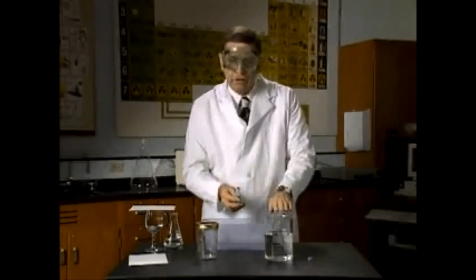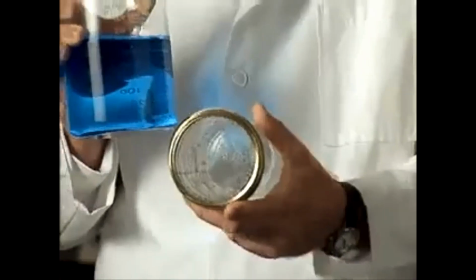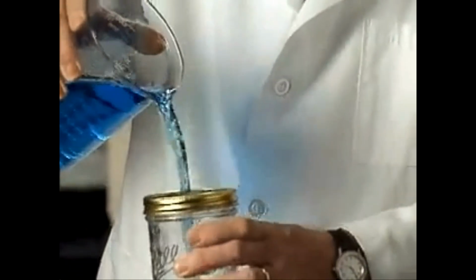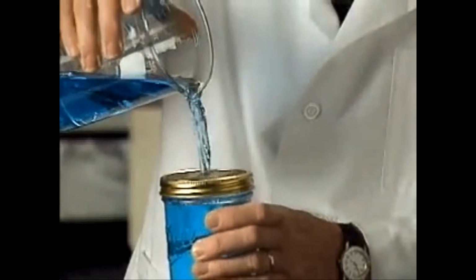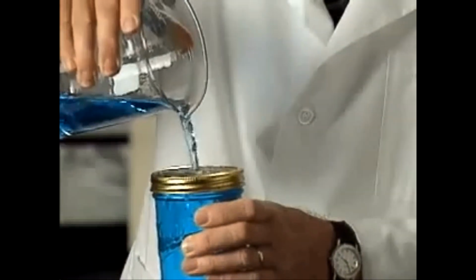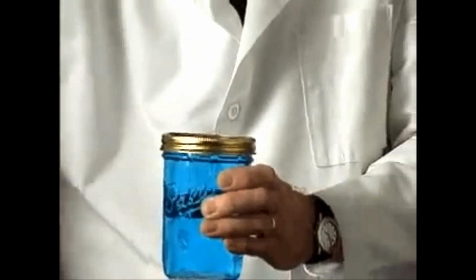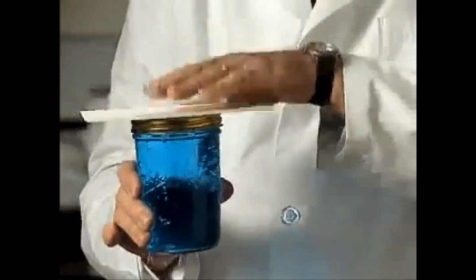Let's add a little food coloring to this water so that it's more visible. Now let's pour that water into a mason jar with a wire screen lid in place of the normal cap. So the water enters the jar. Once again, we'll fill it to overflowing. We'll place a card on the screen and turn it upside down.